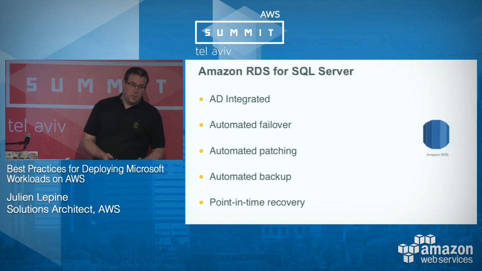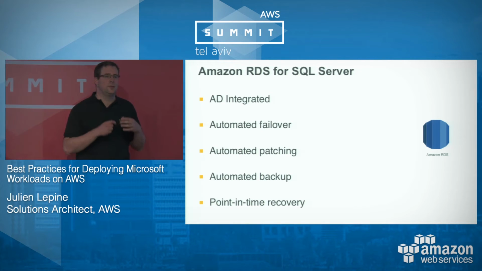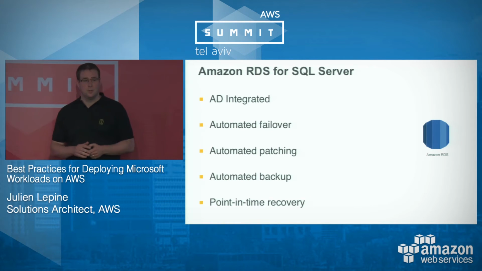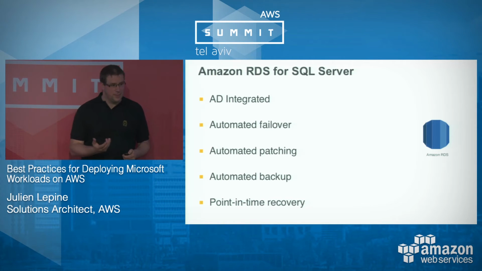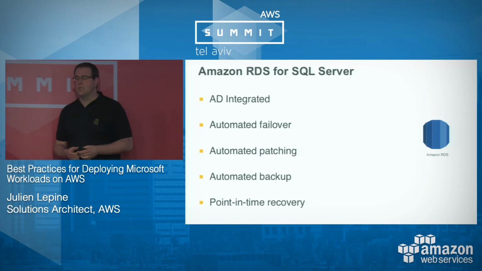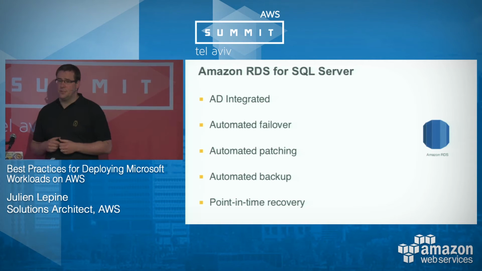And what we see a lot is customers saying, yes, I do want that, but I want that in a simple way, because creating availability groups, creating Windows Server failover clustering, only saying that is a first step. But creating them, managing them, making sure that everything is fully configured and up and running all the time can be a bit long. So what we've come up with is Amazon RDS for SQL Server.